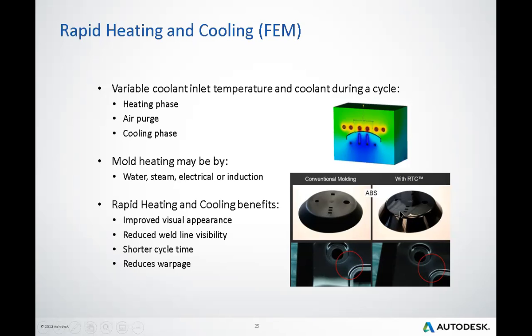You can see a better surface quality, so visual appearance improves. And it reduces weld line visibility. From the left side, you can see this area has a weld line visible, but on the right side, the weld line is reduced. And there is a shorter cycle time as well, and reduced warpage.